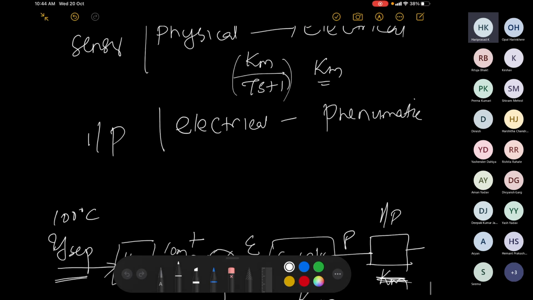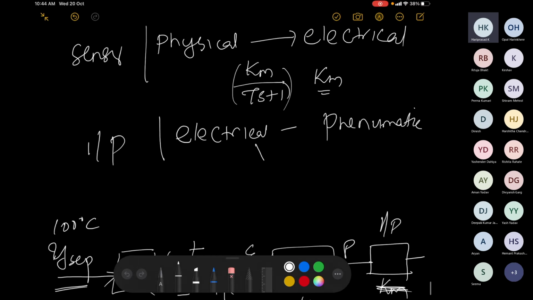So this can't be Km. Why? Because we are not doing electrical to physical transformation. In fact, even if you do electrical to physical transformation, this should have been 1 by Km. Is that agreed? Yes, sir. But we are not doing electrical to physical.